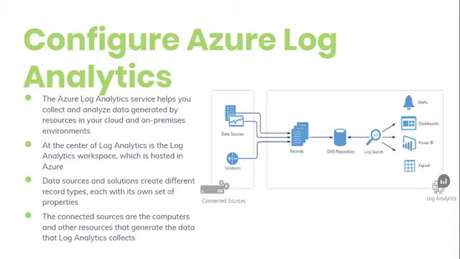At the center of Log Analytics is the Log Analytics workspace, which is hosted in Azure. Log Analytics collects data in the workspace from connected sources by configuring data sources and adding solutions to your subscription.